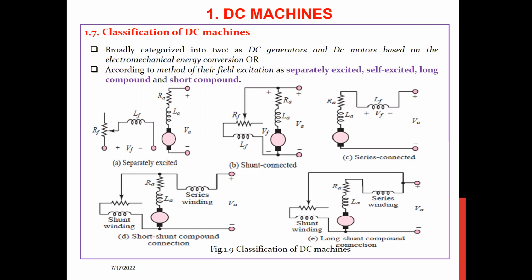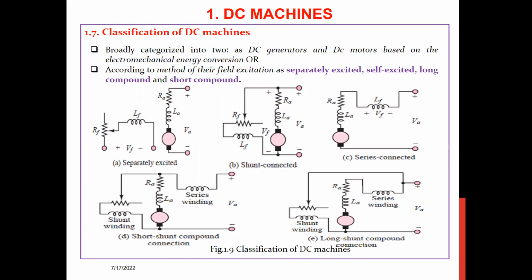Because we're dealing with DC, or direct current machines, we have DC generators and DC motors based on the electromechanical energy conversion, that is, from electrical to mechanical or mechanical to electrical. That is what we call the electromechanical energy conversion.